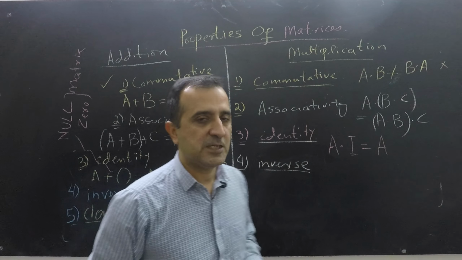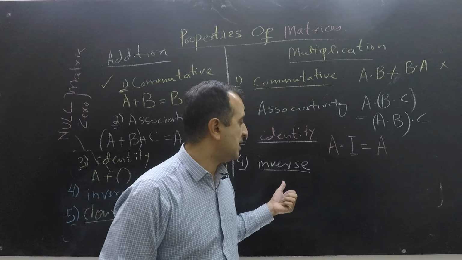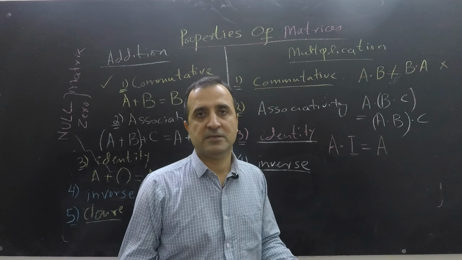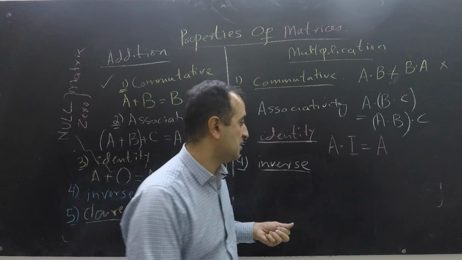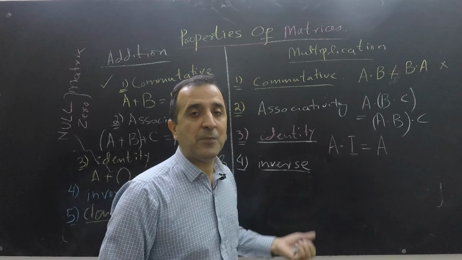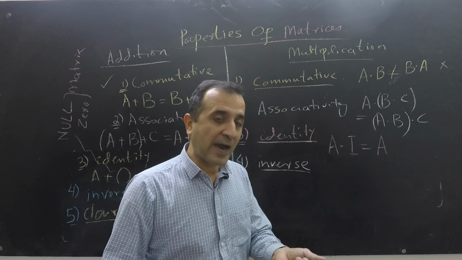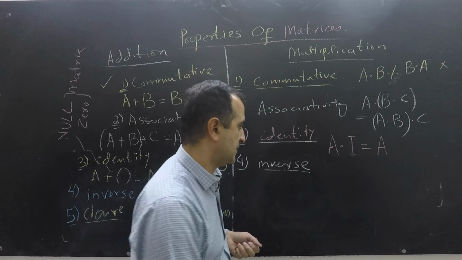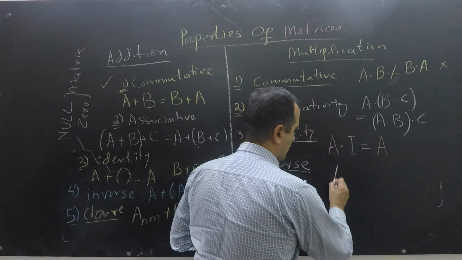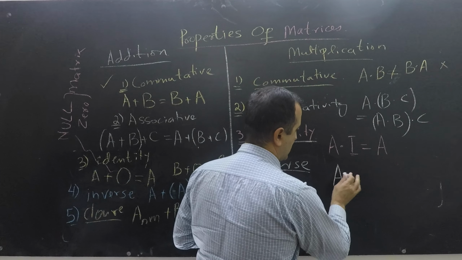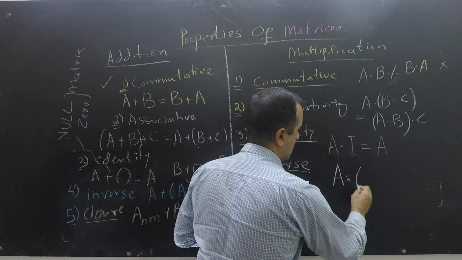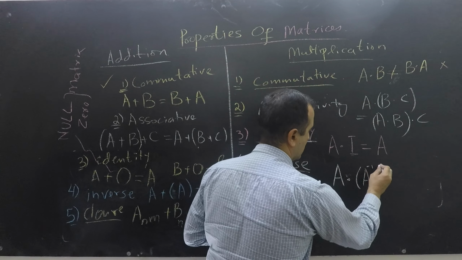Now, once again, this property does not exist for all the matrices. For all the matrices, you cannot find the inverse, but for some of the matrices, you can. The inverse in this case is called, let's say, A inverse.